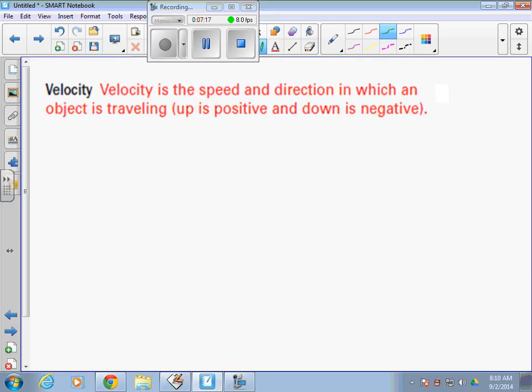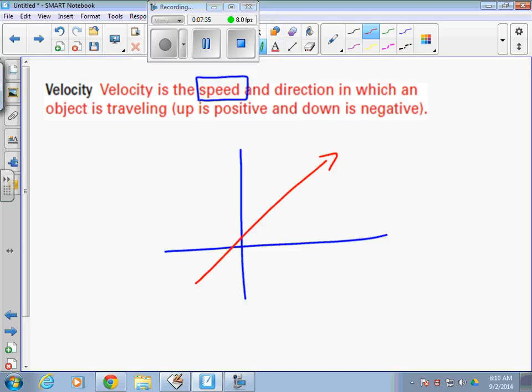Velocity is speed, and it is used interchangeably with speed a lot. But it's speed with one extra thing. It has a direction going with it. Okay, up is positive, down is negative. So if the speed of something is going up this much, so from here to here, you would tell what its speed was, and we'll look at what that means more when we go through things like that.